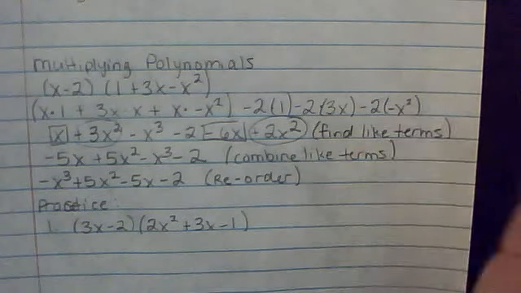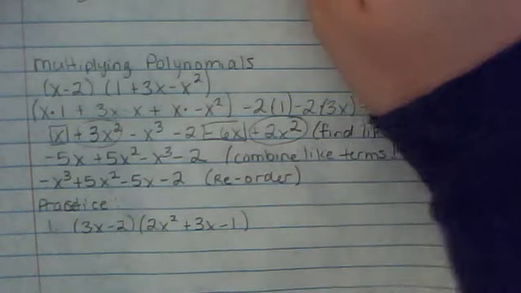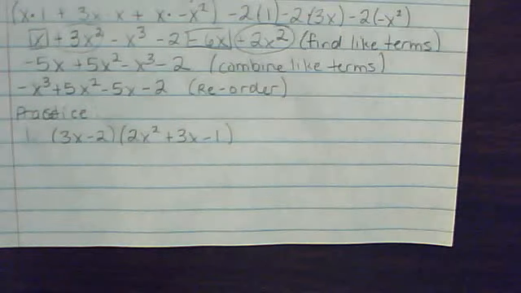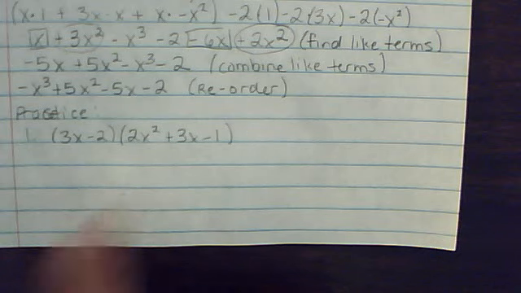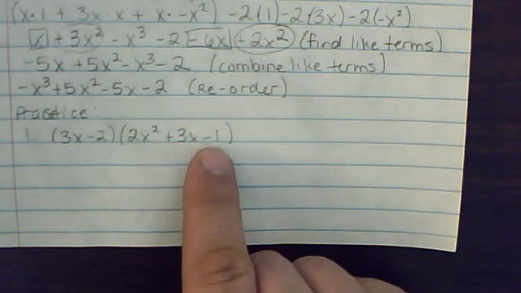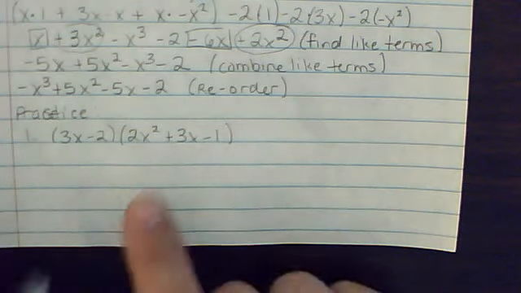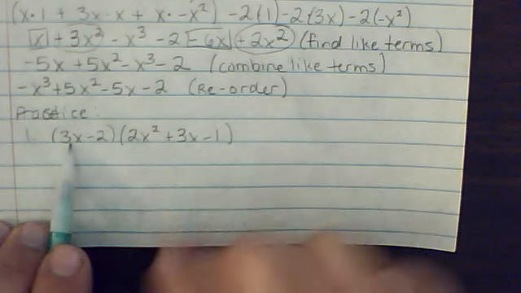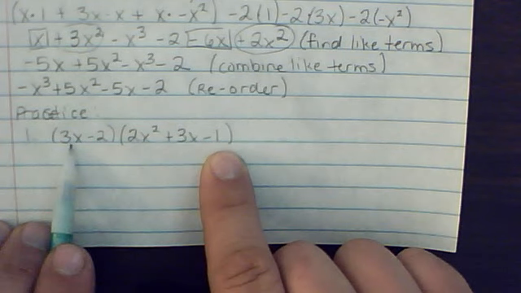Okay, so this is multiplying those polynomials. So let's practice on this problem on the bottom. I have 3x minus 2 times 2x squared plus 3x minus 1. The first thing I'm going to do is multiply 3x by everything in this parentheses.